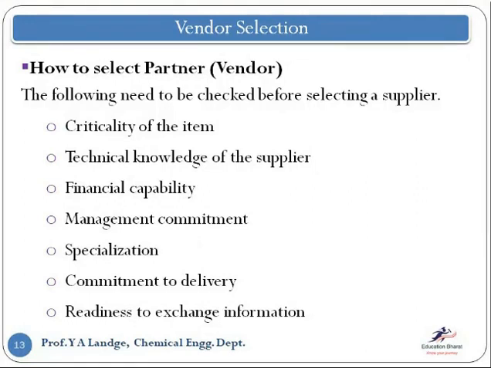So let's take a few things to consider in the selection of the supplier. Before that, let us talk about why we are selecting this supplier. The reason behind it is that it is not possible for a single company to manufacture each and everything. It is not possible to have all the equipment in-house, in that industry itself.